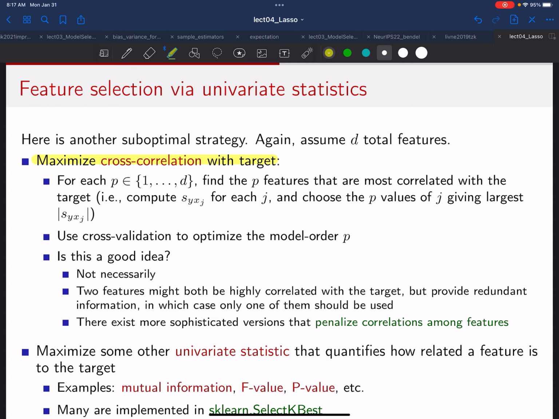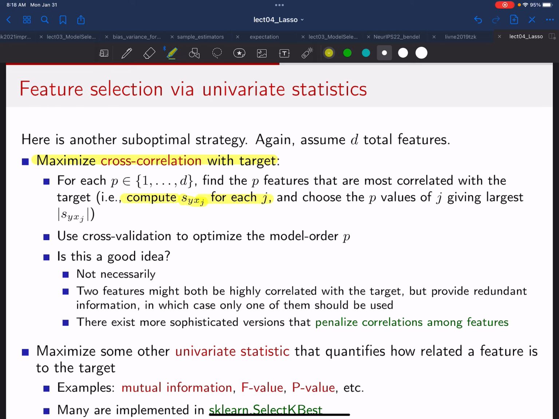So you measure the correlation of each feature with the target. Each time you do that, you get a single number. You could measure the normalized correlation, or the way I wrote it, you just measure this cross-correlation between y and x_j. You do this for each j.